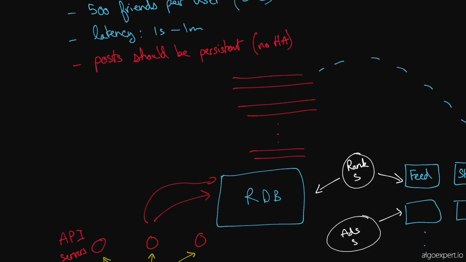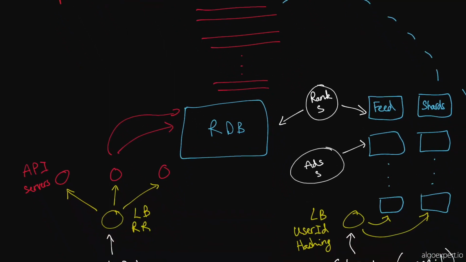Also, I suppose we said that this entire system I'm designing here is only for one region. Like I mentioned, we will probably have a duplicate version of this system for another region. So we can also filter by user region here and only send this new post, in this part of the system, to the friends in that region. Yeah. Okay, cool, I think that's fine. So that would be that.